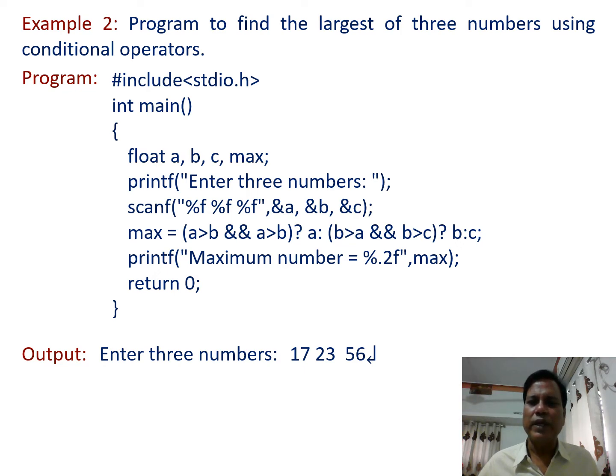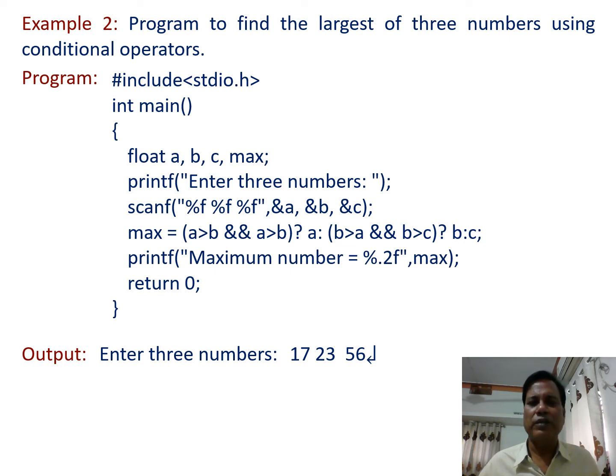Again here, b > c, that is, 23 greater than 56, is false. So the largest value is going to be the value of c. The value of c is assigned to the max variable.